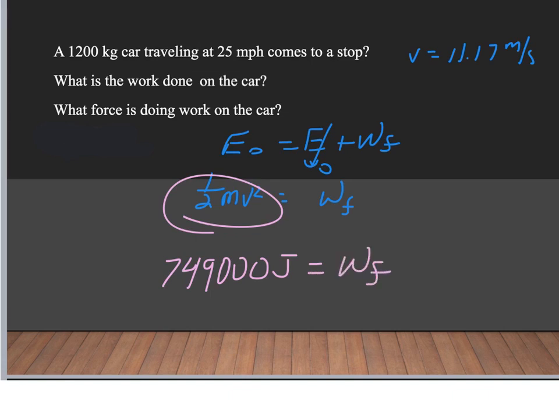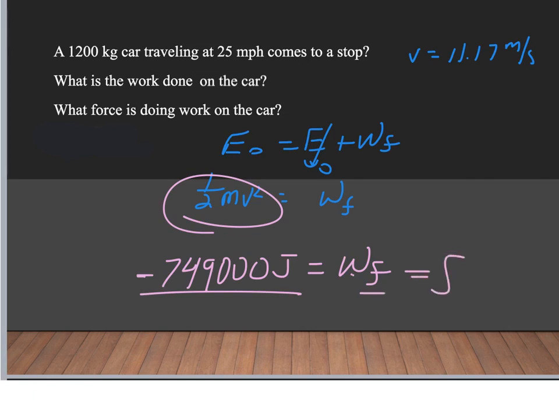So the work done on the car was equal to the kinetic energy that it had. The work done, though, just happened to be negative because it took the energy away from the system. Then it just asks, what is the force that does the work on the car? Well, it's going to be the work done by a frictional force.